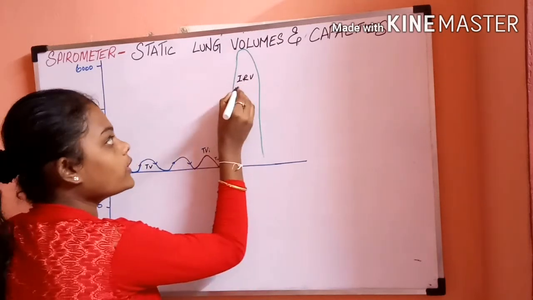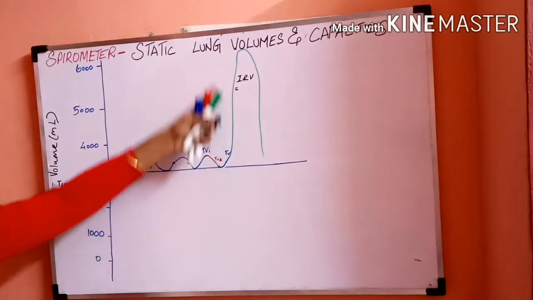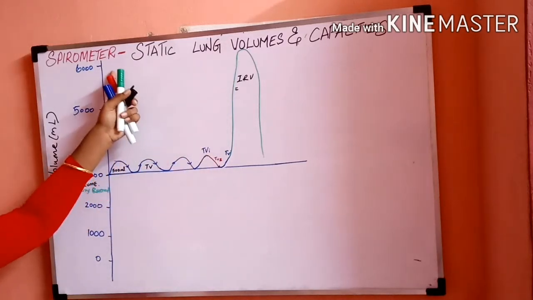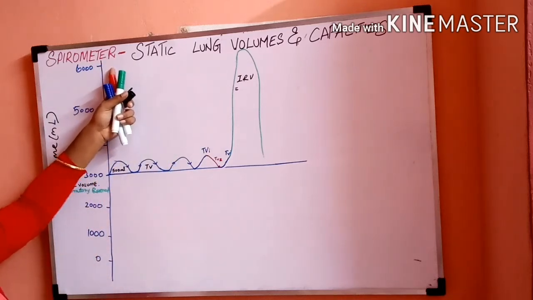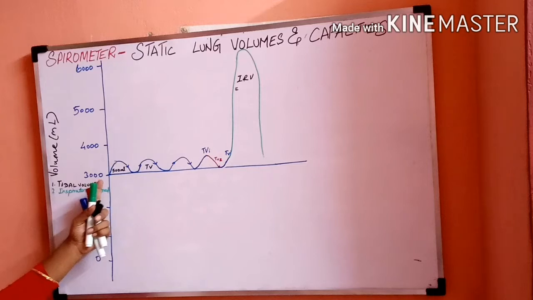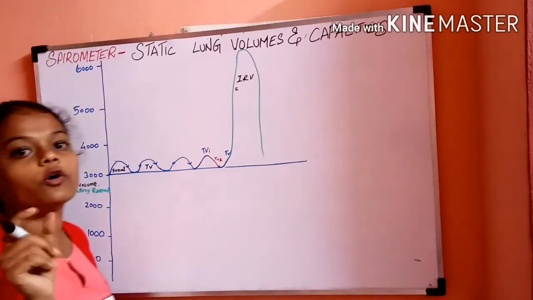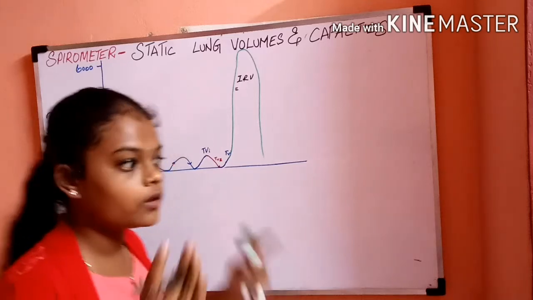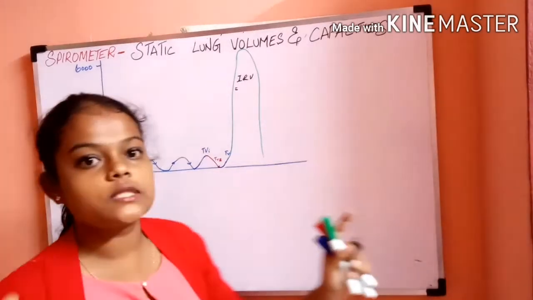இதோட value பார்த்தீங்கன்னா it goes on to 6,000 or 5,800, but not 6,000. We should subtract 3,000. So 6,000 minus 3,000, 3,000. So normal value of inspiratory reserved volume வந்து 1,900 to 3,100 இது வரைக்கும் தான் இருக்கும்.